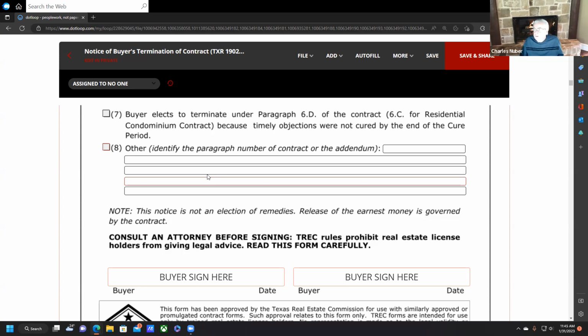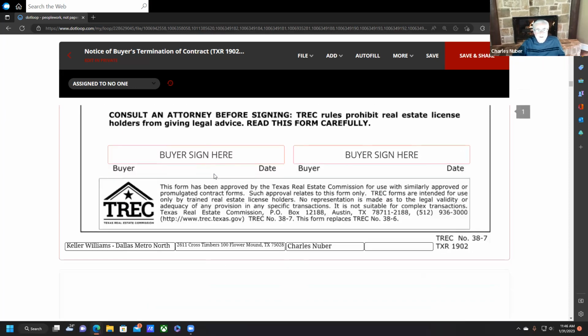But that's also a default in the contract. So the fact that the seller has defaulted because they didn't deliver the T47 and the survey actually gives the buyer a way out of that contract. When? Right up to closing, they can terminate the contract. That's why you don't want to let your people be in default of contract. That's why we teach these classes. Everybody good with that? That was a good example.